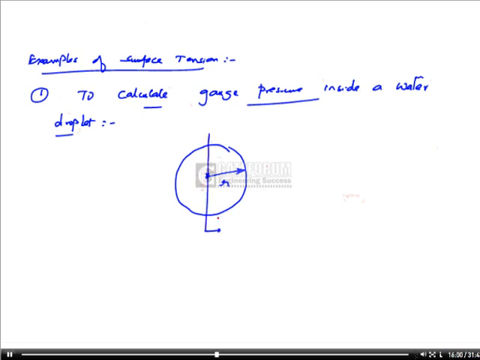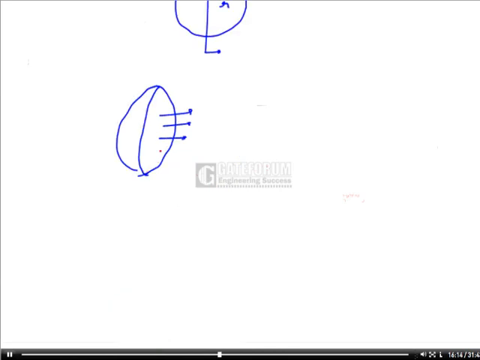Now, if you consider the equilibrium of this droplet, the breaking force is P gauge into the projected area.